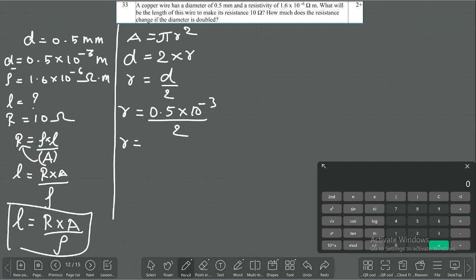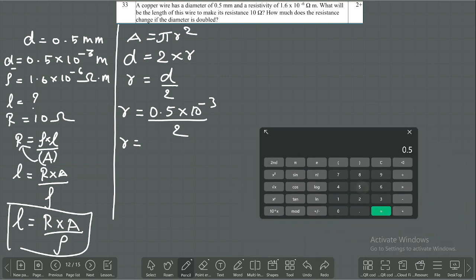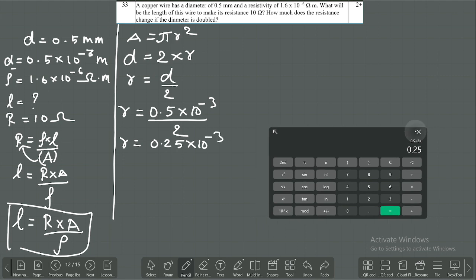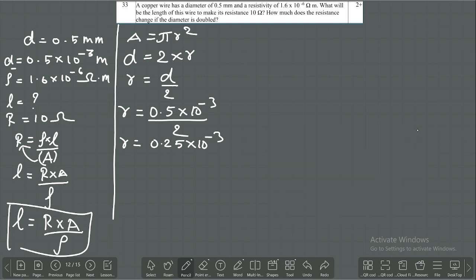We'll divide it. 0.5 divided by 2 is going to be 0.25 into 10 to the power of minus 3. Now substitute this value over here.